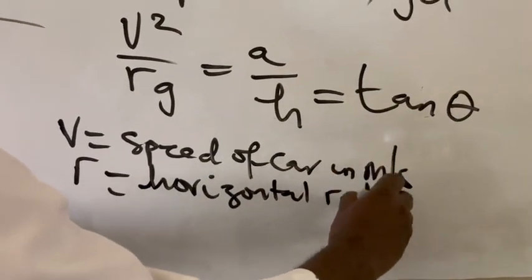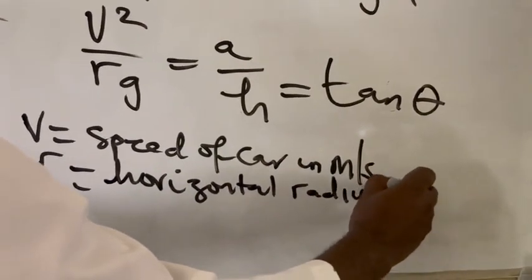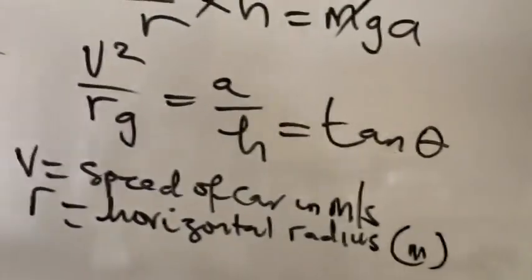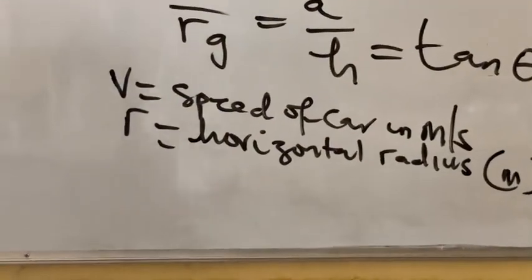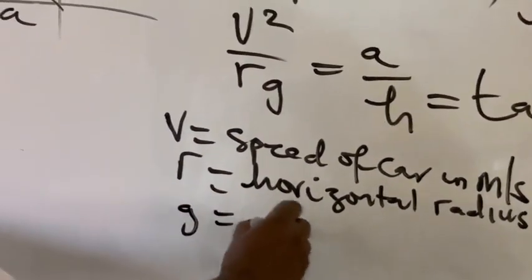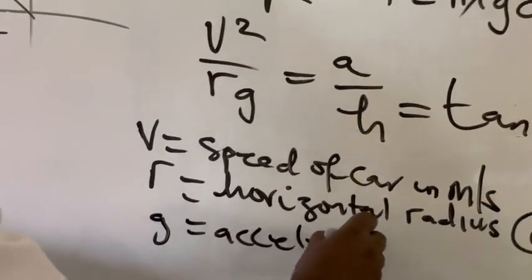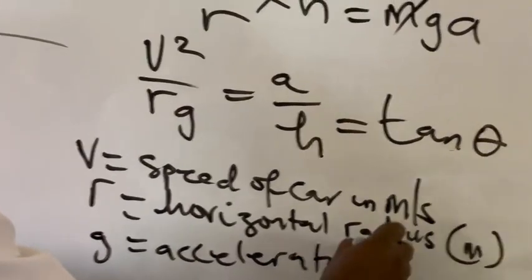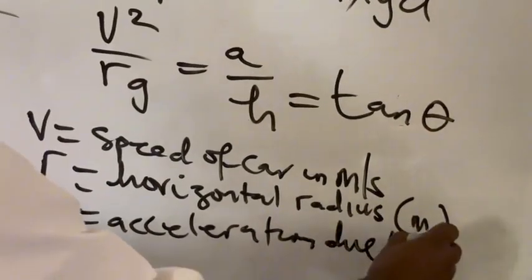And also, lastly, g. What is g? g is equal to acceleration due to gravity.